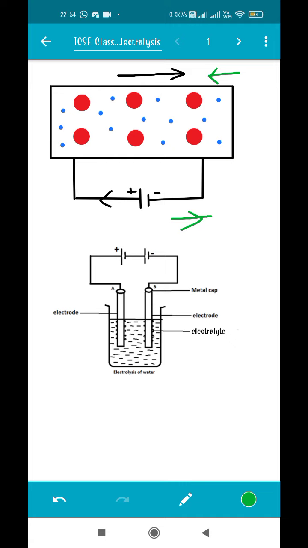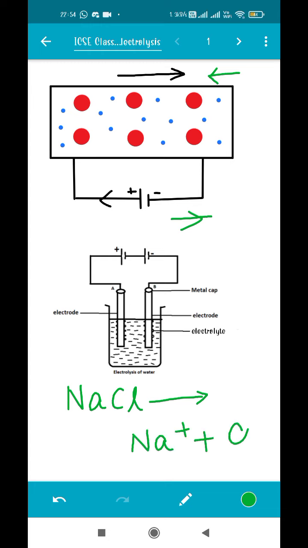So as soon as electrolytes are dissolved in water, they form respective ions. For example, when NaCl is dissolved in water, it will form two ions: Na plus, the sodium ion, and Cl minus, the chloride ion.